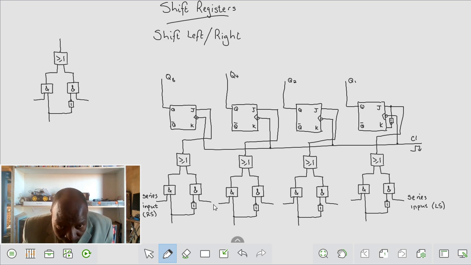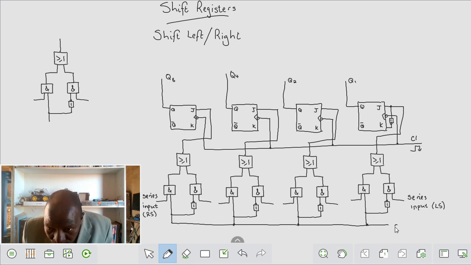Okay, all right. So what then happens is the control here must be common, so we wire all these together.